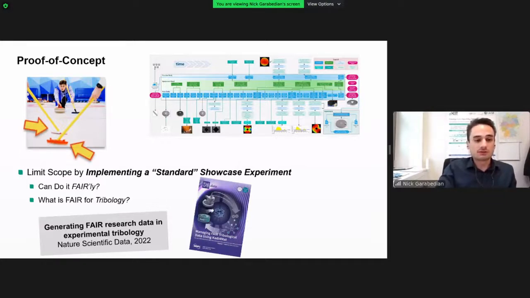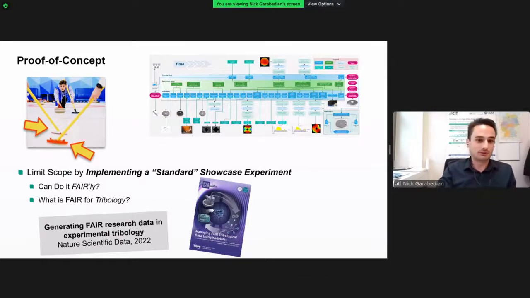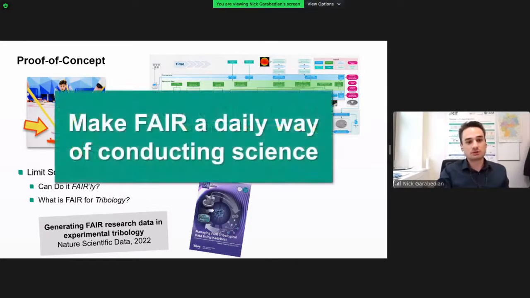So really big data in tribology is becoming big data of sample preparation or so. Of course, the experiment has to be accounted for, but the sample preparation and all the different types of processes becomes really central to the whole problem. So with this knowledge in mind, we shifted towards asking ourselves, how can we make fair data a daily way of conducting science in the lab?